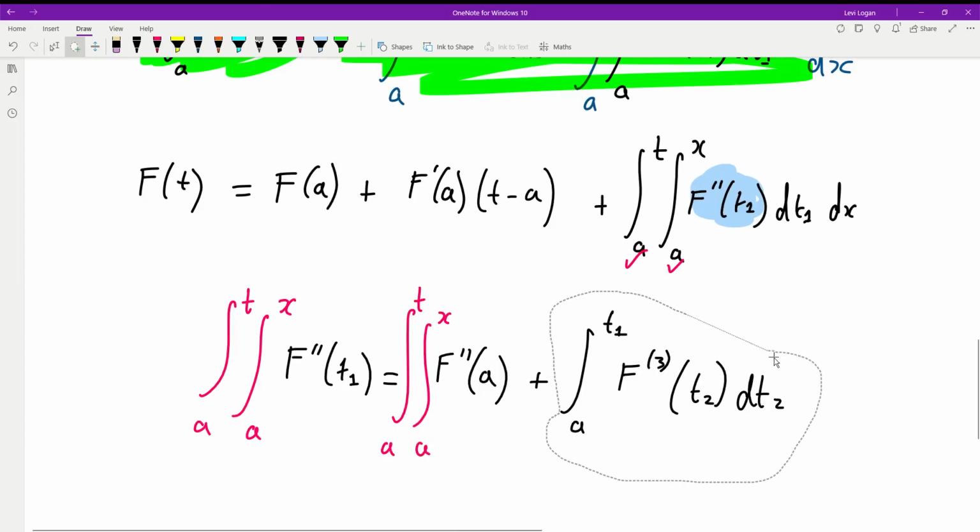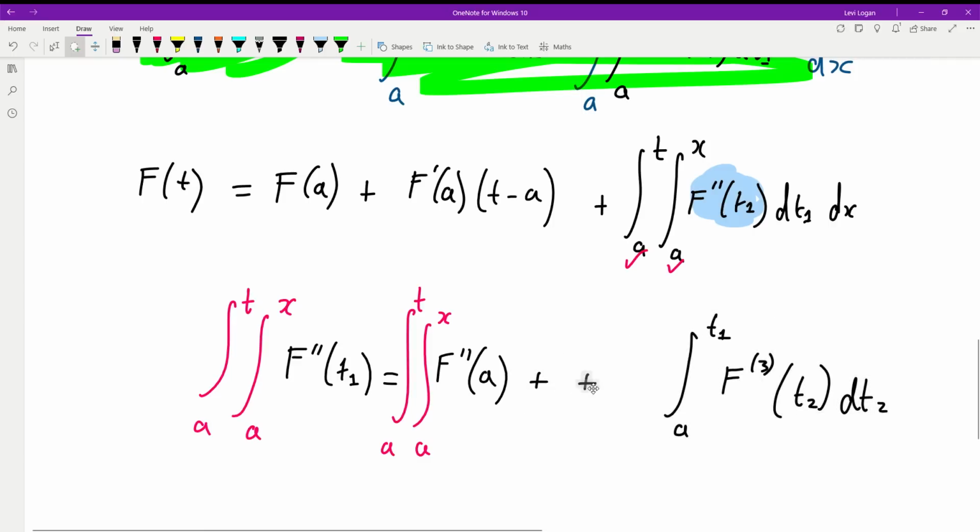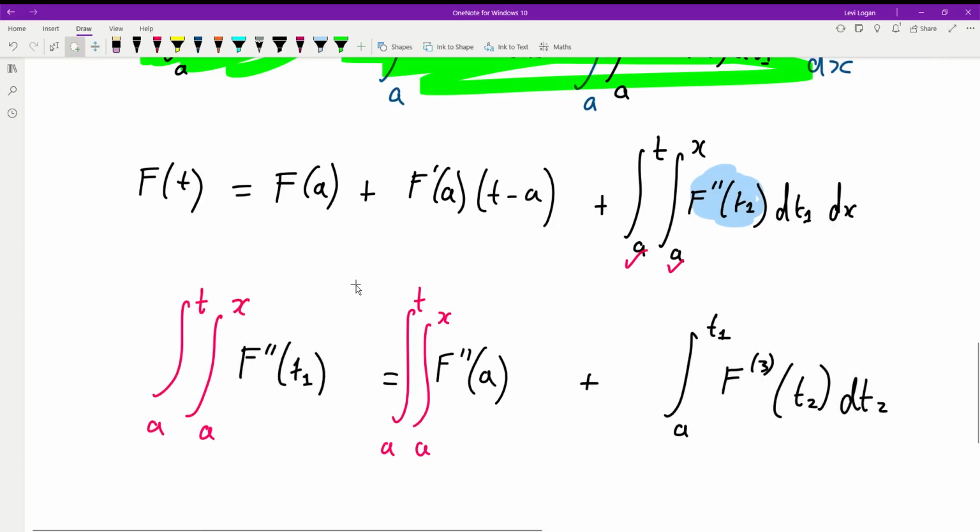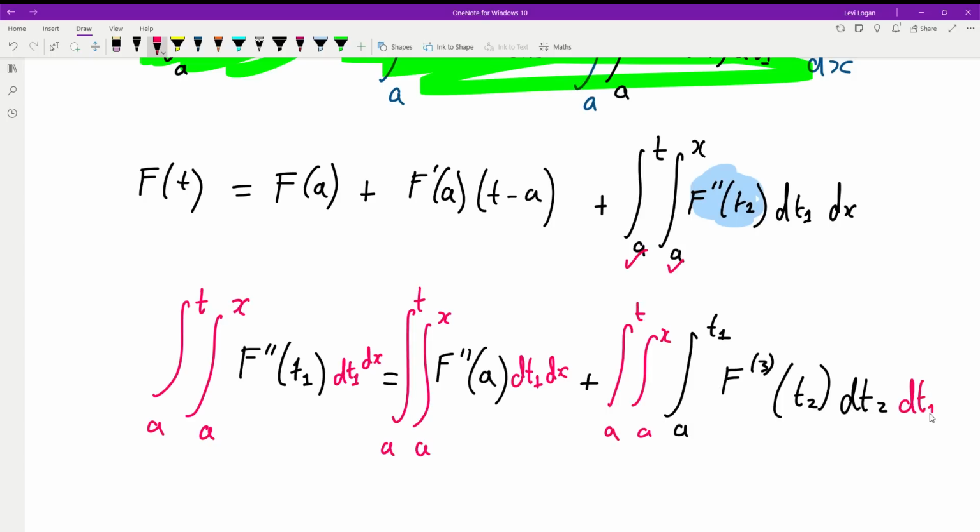So if we attach that integral now, we also got to include those bound bits on the end here. So that would be dt1 and dx, double integral a to t, a to x, dt1 and dx.